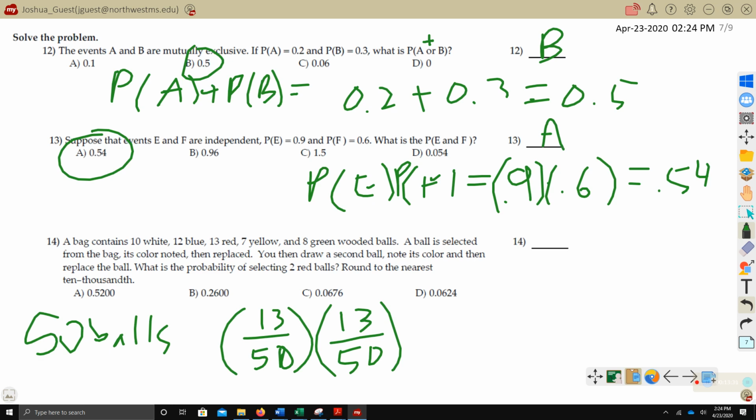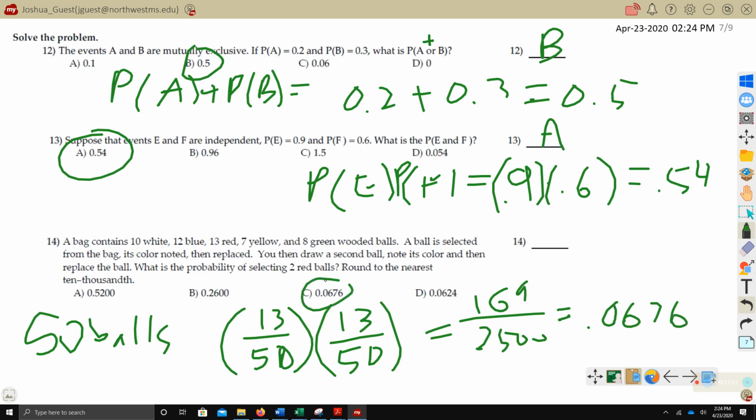So 13 times 13 is 169, over 50 times 50 is 2,500, and then 169 divided by 2,500 is 0.0676, which is C. So 14 is C.